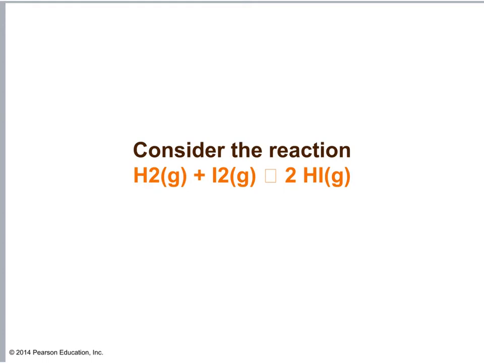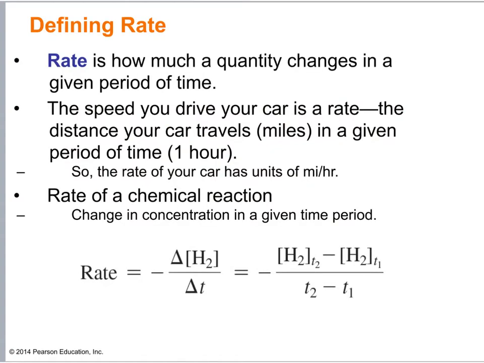So if you look at this reaction, you've got H2 plus I2 going to form 2HI. How do we talk about this in terms of defining a rate? The rate is the change in either the reactant or product. Remember, H2 was one of the reactants.